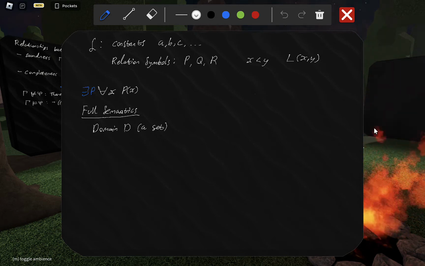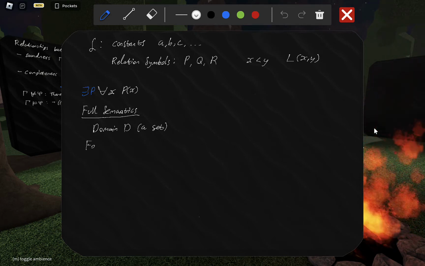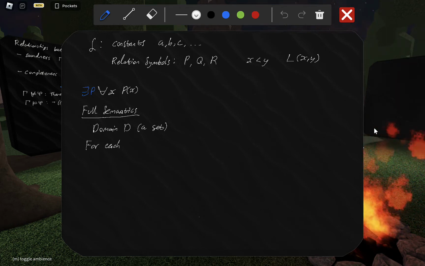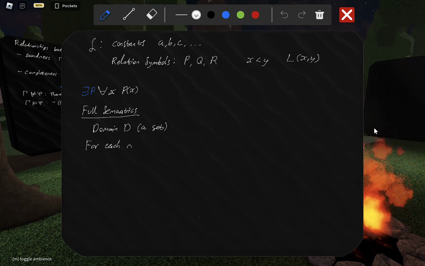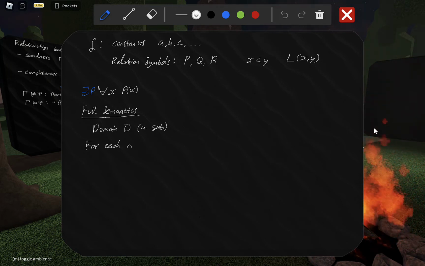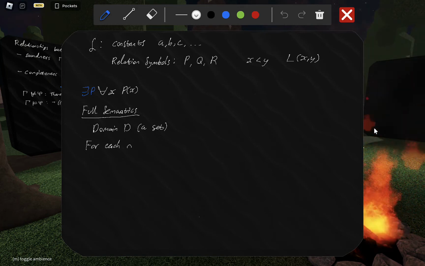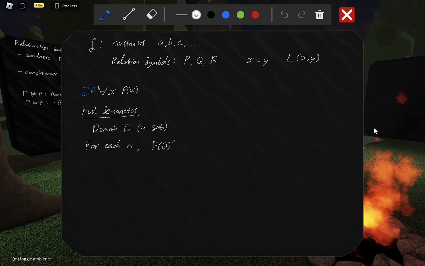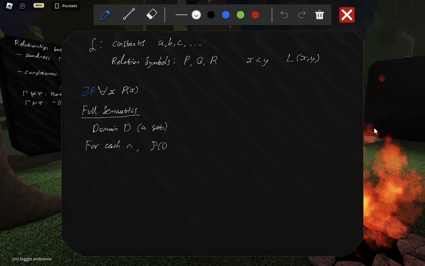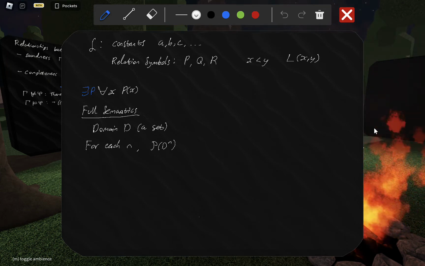I guess it would be something like, for each n, I'm not familiar with the right notation for this, so I won't give it a name. The domain for the n-place predicates is the power set of D to the power of n.